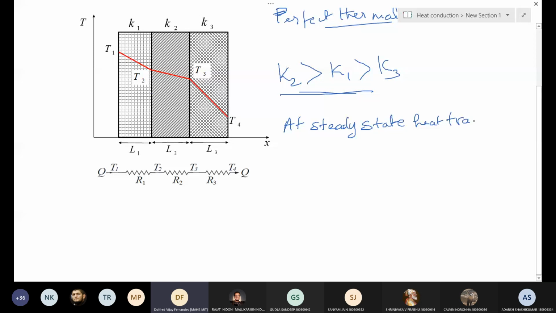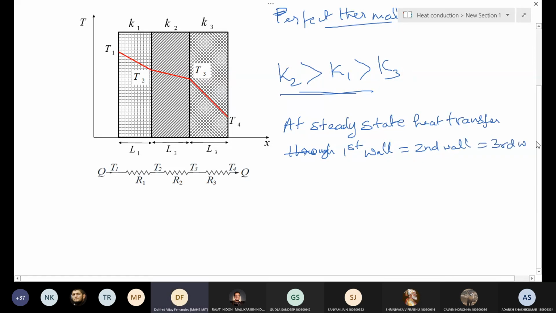Heat transfer through the first wall is the same as through the second and third walls, so you can write Q1 equal to Q2 equal to Q3.